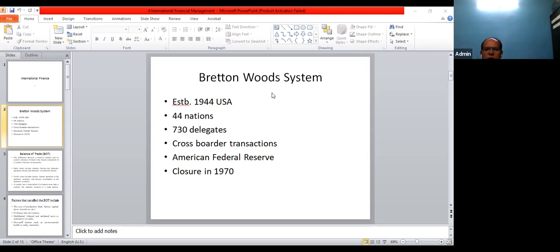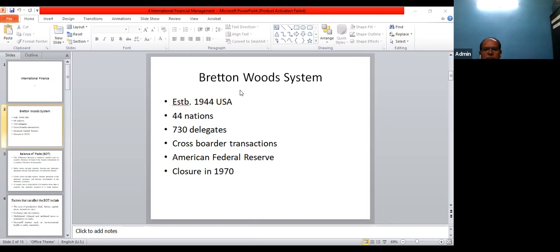Now, not only India, but other countries also, like Pakistan and even China, had the biggest problem of gold. Now, in order to solve this gold problem, the Bretton Woods system gave the concept of IMF, International Monetary Fund, and World Bank. So this way it started.